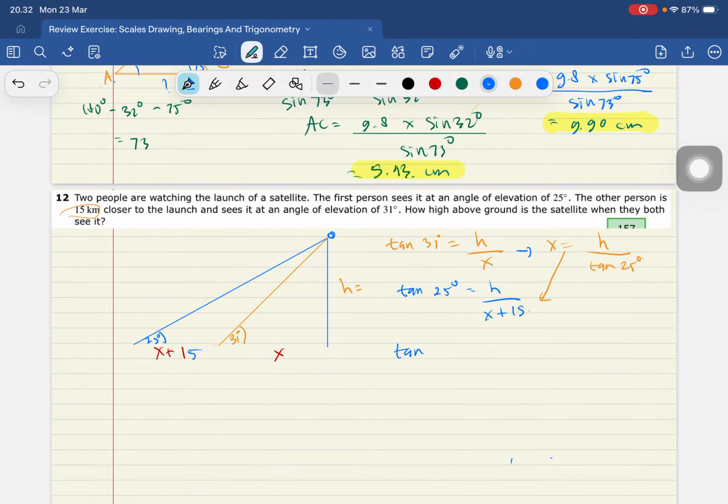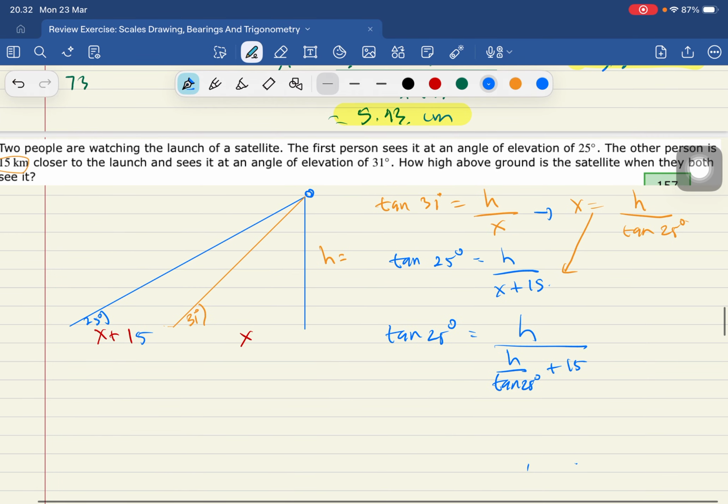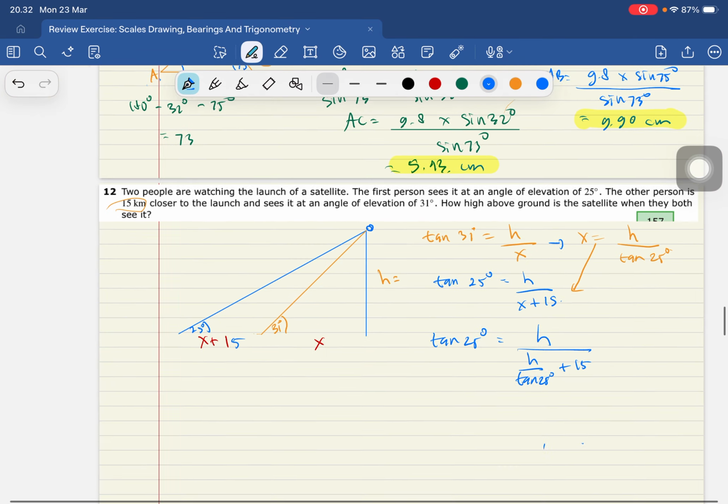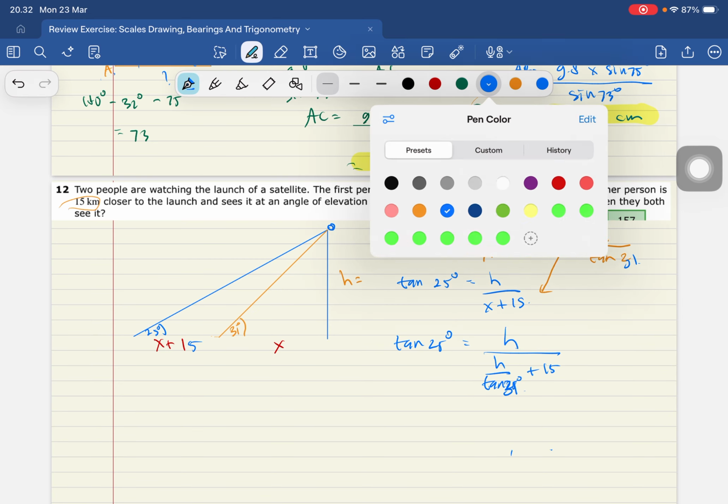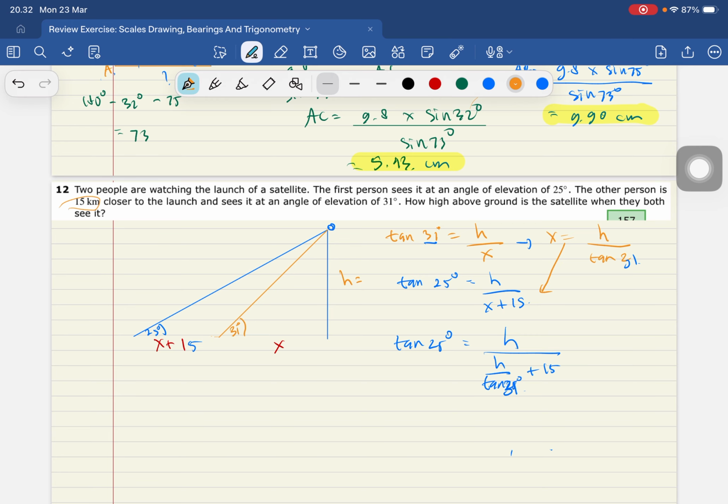So we get tan of 25 degrees equals the height divided by the height over tan of 31 degrees, plus 15. Wait, this is not 25, here it is 31, so it's tan of 31. Here also 31.